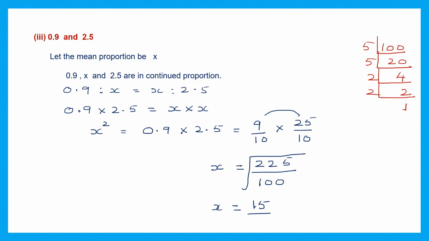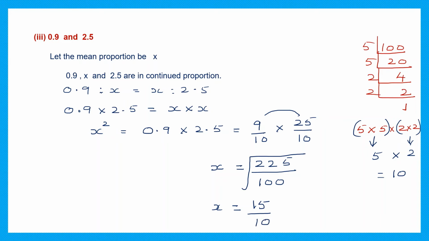So what are the factors? 5 into 5 into 2 into 2. Now we can pair them up. 5 into 5 is one pair, 2 into 2 is another pair. From each pair take 1, 5. From here take 2. So 5 into 2 is 10. So I've got 15 by 10.